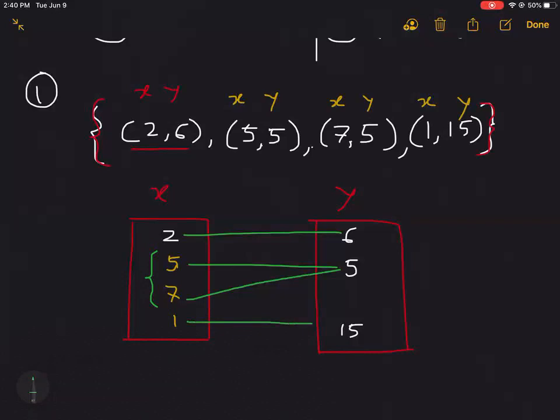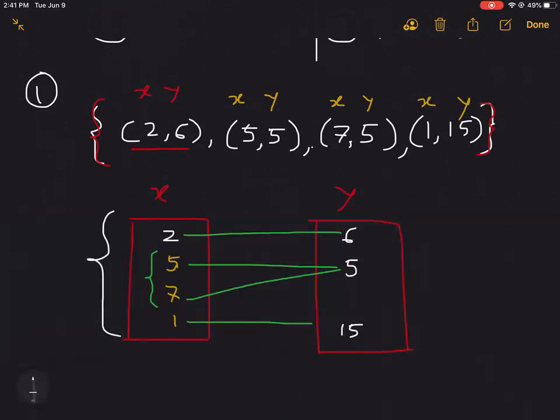As you can see, first of all, the elements of the domain are somehow related to the codomain or range. We know that these are the range. So the first one is satisfied.